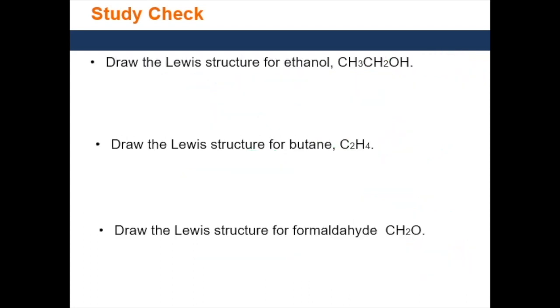Here are a couple more examples. Let's quickly go through those. We have CH3, CH2, OH. Again, whenever you see something with carbons, remember all the carbons have to be bonded to each other. So I see 1 carbon, 2 carbon, which means carbon and carbon are going to be in the middle, bonded to each other. This carbon right here has 3 hydrogen bonded to itself, so I'll draw 3 hydrogen next to it.